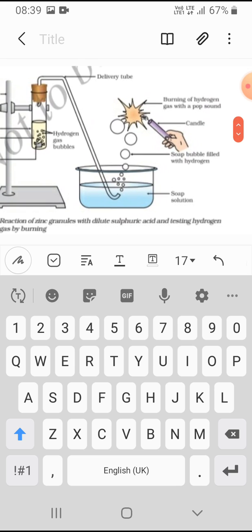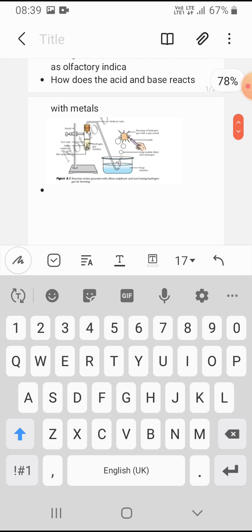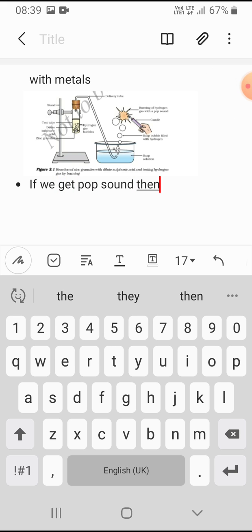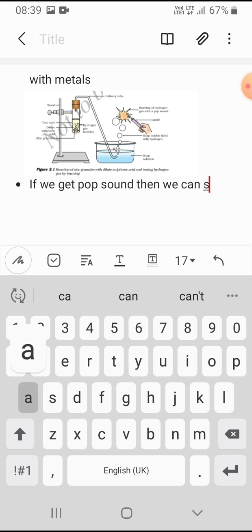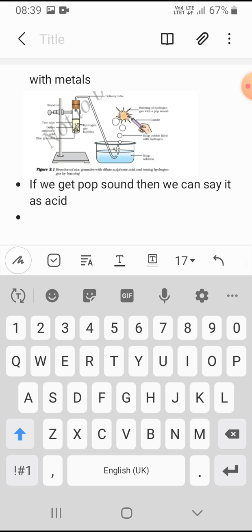If the bubble comes and the candle gives a pop sound, then we can say it is acid. If we get a pop sound, or if there is hydrogen, then we can say it is acid.